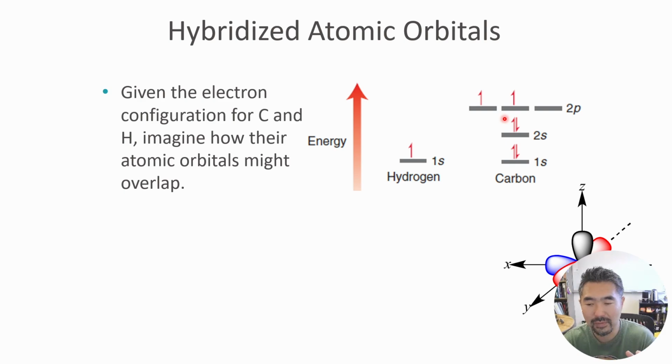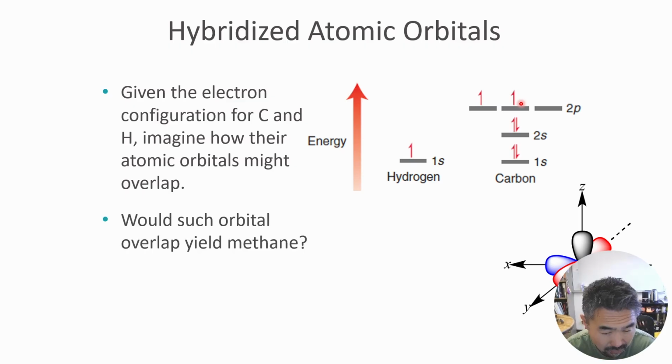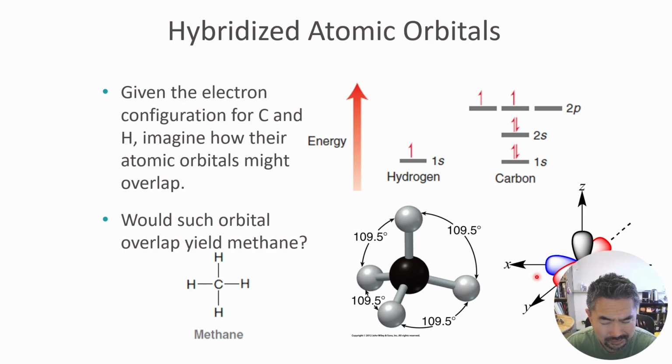Because remember, covalent bond means you share 2 electrons total, which usually means one atom brings 1 electron to the table, the other atom brings the other electron to the table, and the 2 share those 2 electrons, right? So maybe you could have a CH bond here and a CH bond here with another hydrogen, and that is it, CH2, with a weird 90-degree orthogonal geometry.